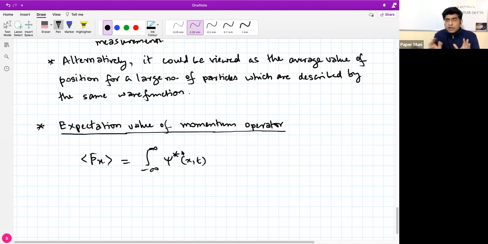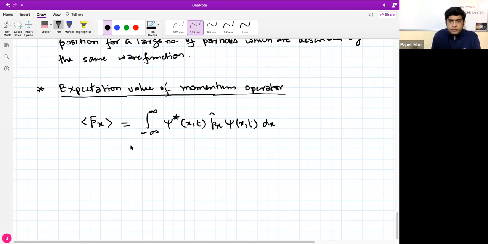Now we do not have any idea about the form of the wave function, so it's difficult to give you a direct example. Once we do the 1D potential, we'll understand what it means to have identical copies of the same system.